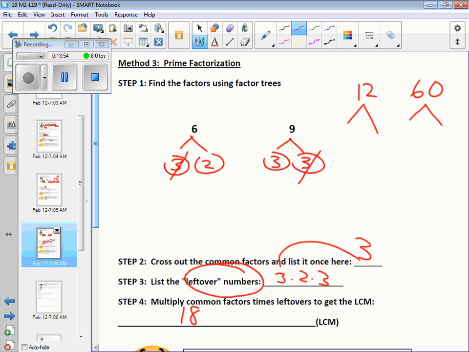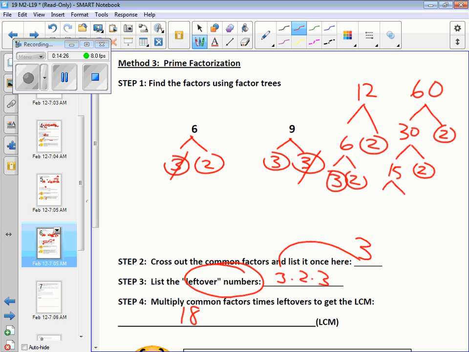All right, 2 for 12. 2 for 6. 2 for 60. 2 for 30. 2 for 15. It's okay if you did it a different way. We're going to still wind up with the same prime factors at the end.